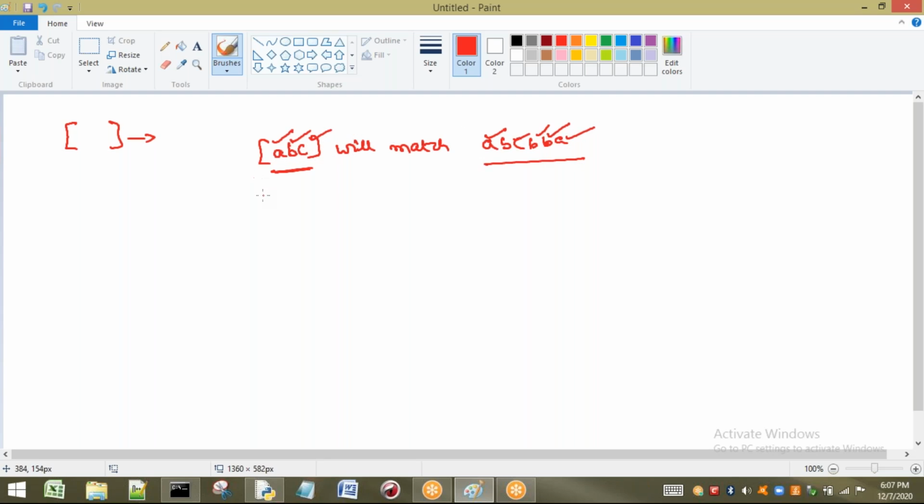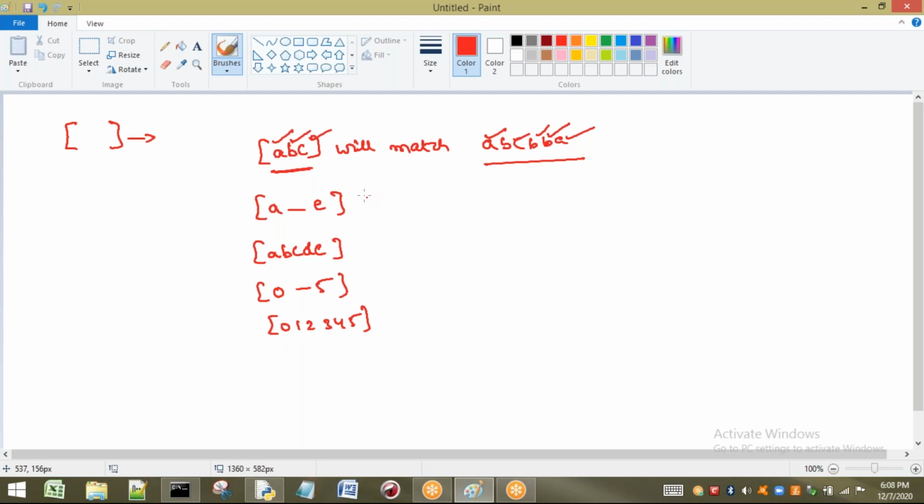Also, in these square brackets I can use the hyphen symbol. What does this symbol indicate? Here we write individual characters, but if I want a group of characters from a starting location to an end location, for example A to E, the meaning is A B C D E. In the same way, if I write 0 to 5, the meaning is 0 1 2 3 4 5.